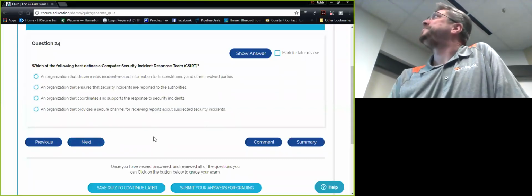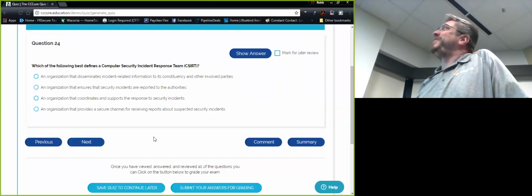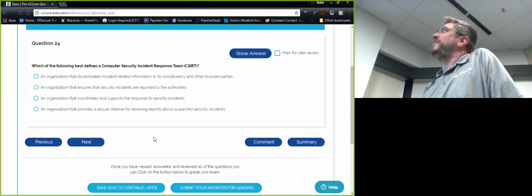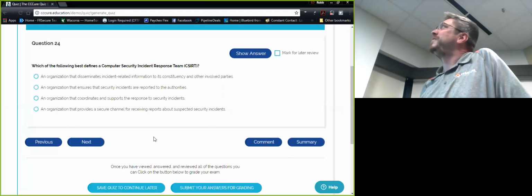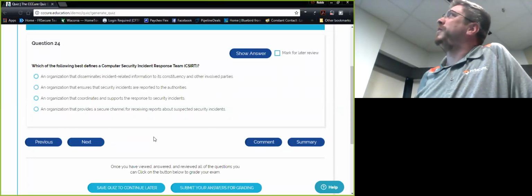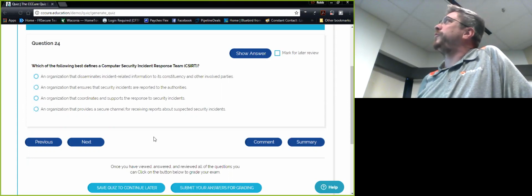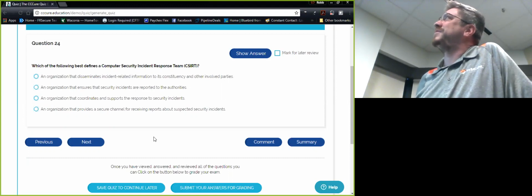All right. Which of the following best defines a computer security incident response team? Organization that disseminates incident-related information to its constituency and other involved parties. No, that's not what you would be doing. Organization that ensures security incidents are reported to the authorities. That might be part of it, but that's not what they should be doing.